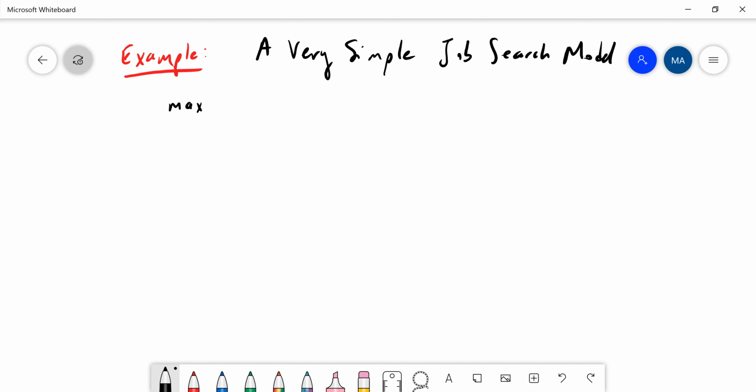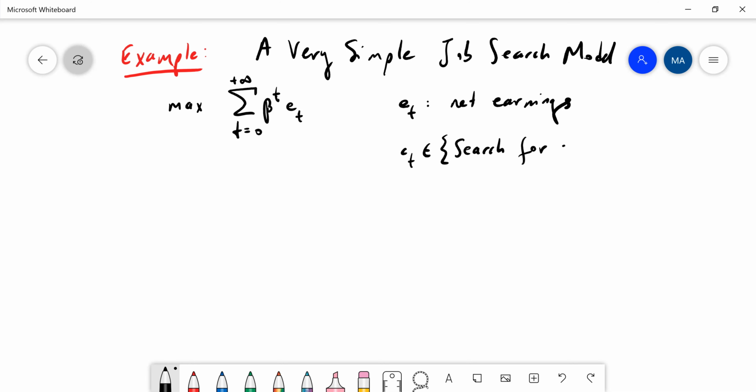This worker wants to maximize the lifetime income. Okay, net earnings, let's say. ET here is net earnings. So the control can be two things.